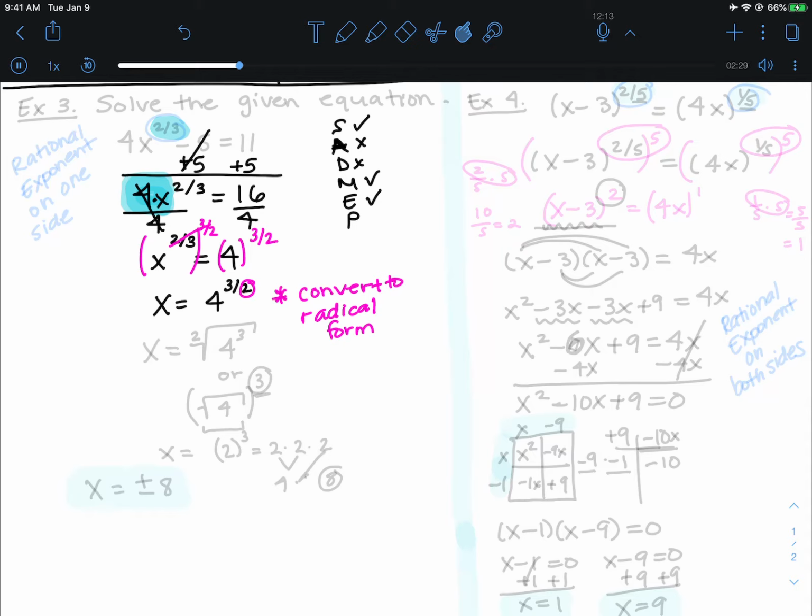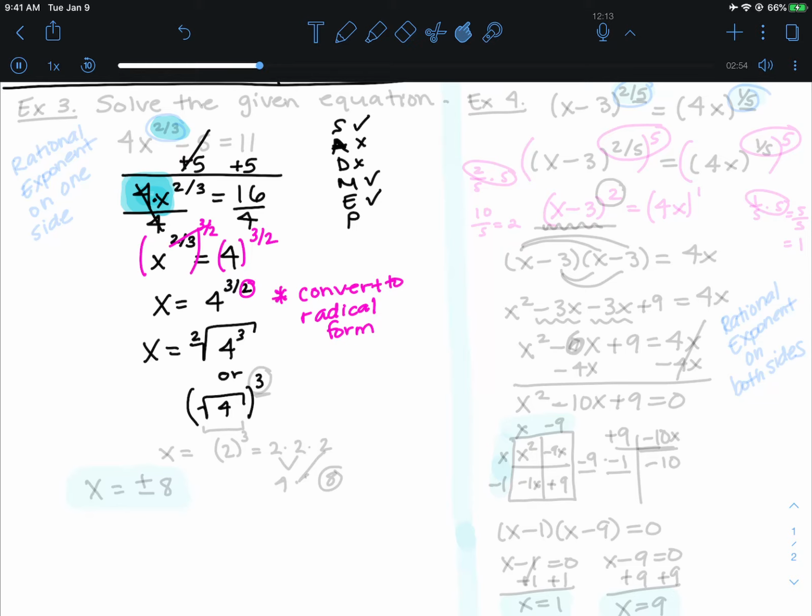That means I'm going to get x equals the square root of 4 to the power of 3. Now there's a different way to write it, or I can say I'm going to get the square root of 4, and then all I'm going to do is put the parentheses and the exponent on the outside.